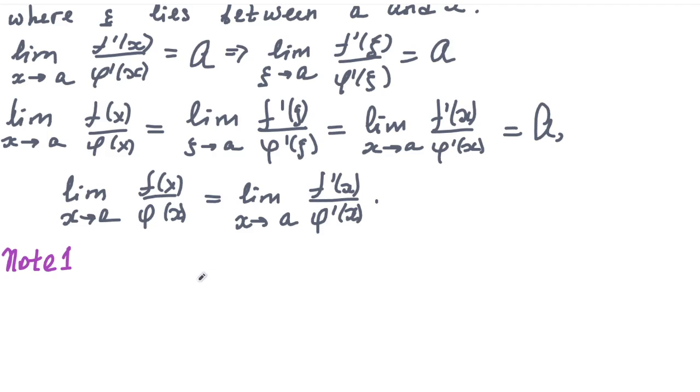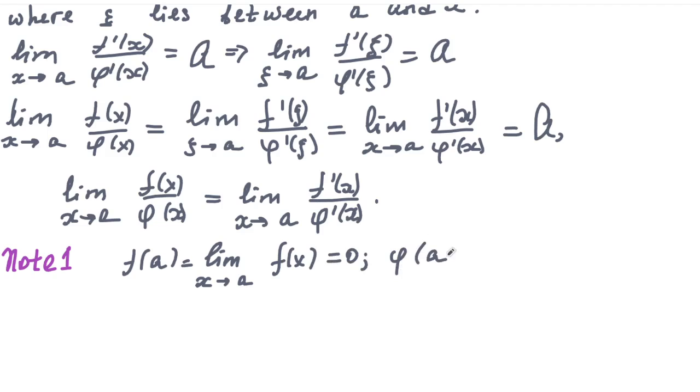To do this, it is sufficient to put f of a equal to the limit as x approaches a of f of x, which is 0, and phi of a equal to the limit as x approaches a of phi of x, which is 0 too.